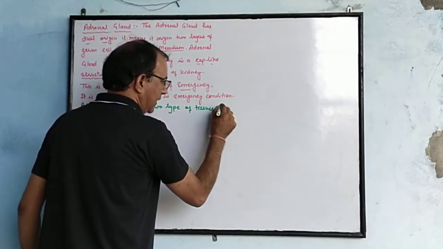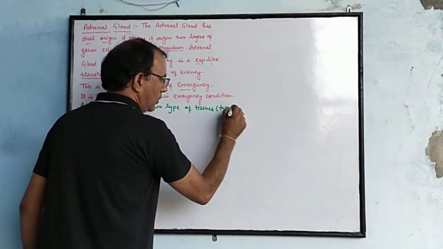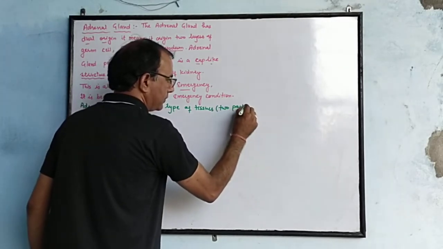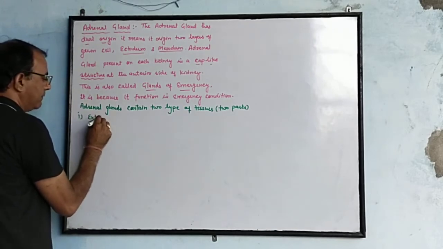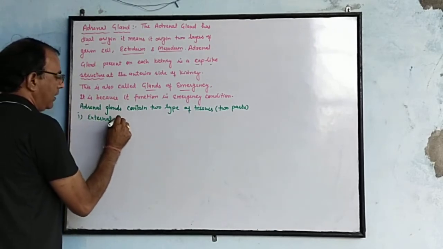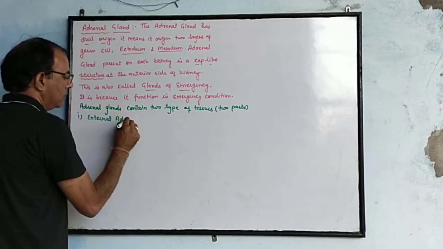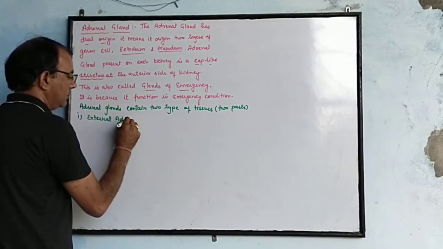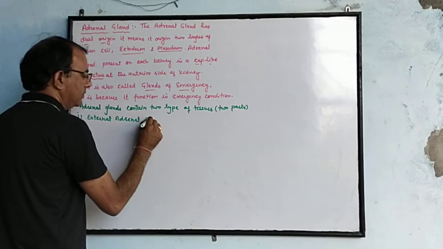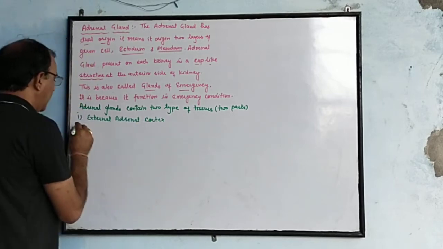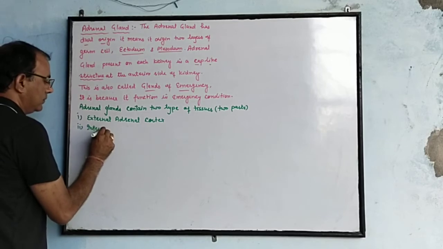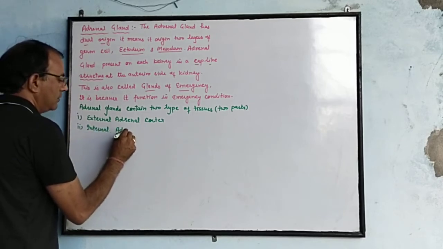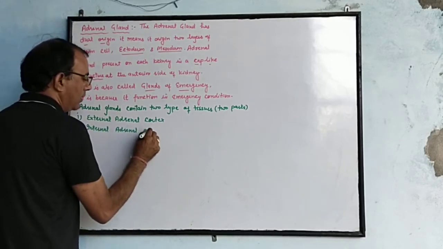The first one is the external adrenal cortex, and the second one is the internal adrenal medulla.